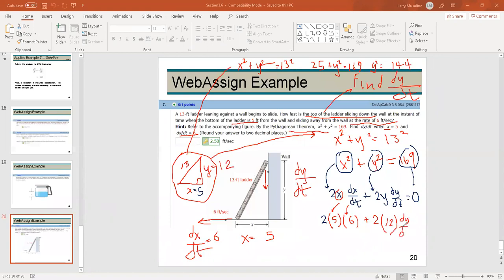Now this is a simple equation I can solve for dy dt. Okay, on the left-hand side, 2 times 5 times 6, that's 60. And 2 times 12 is 24. So we have 60 plus 24 dy dt equals 0.